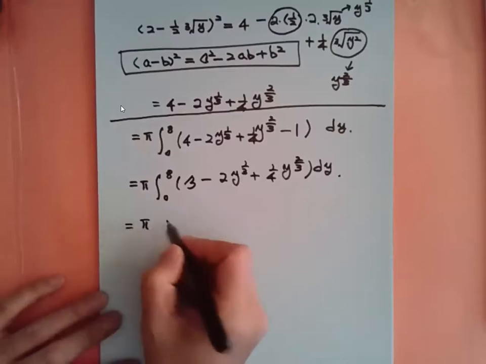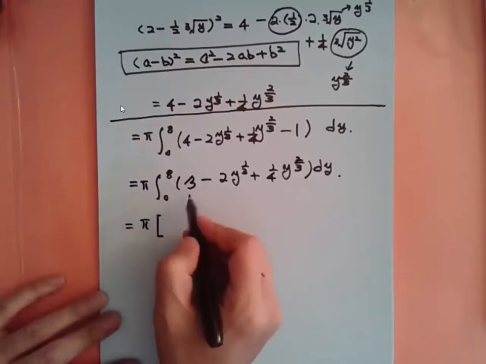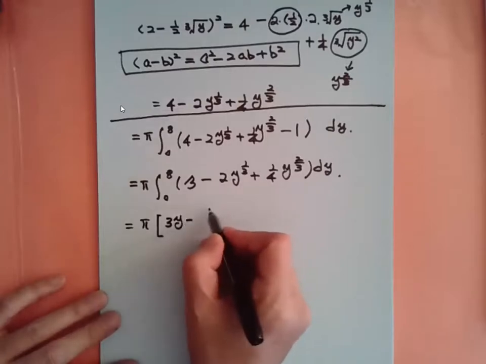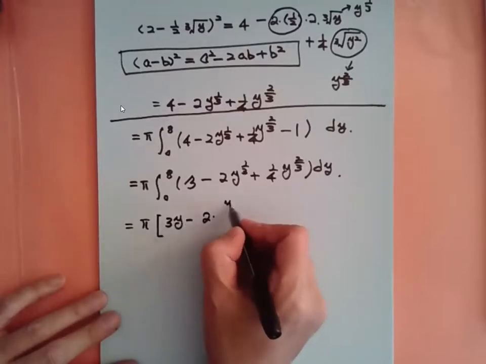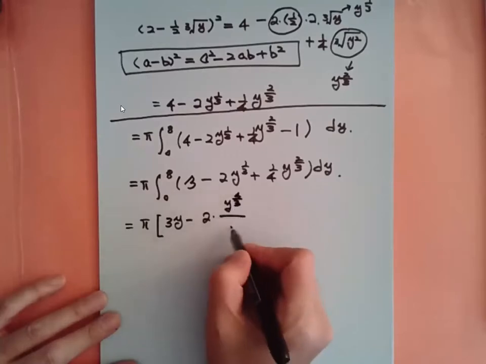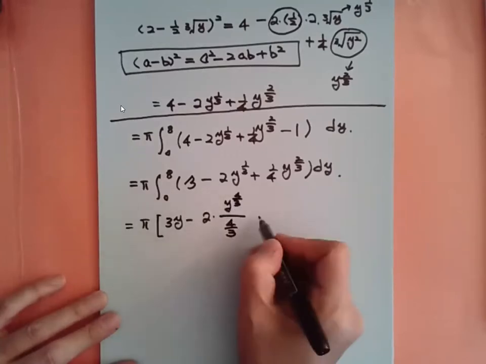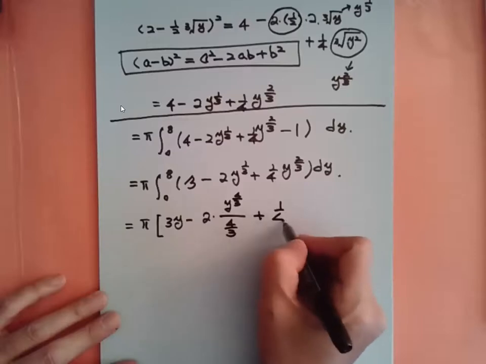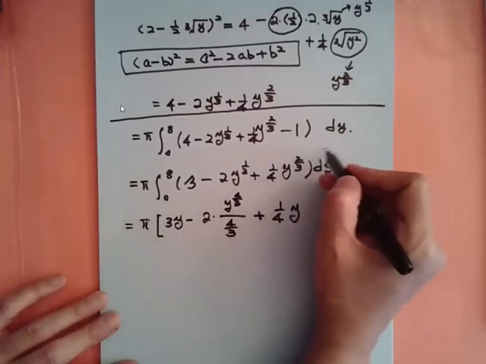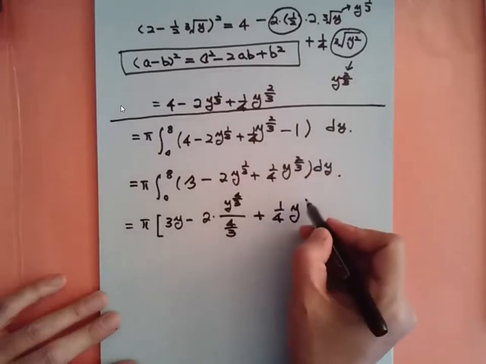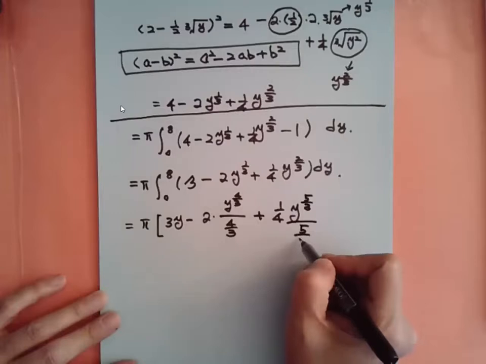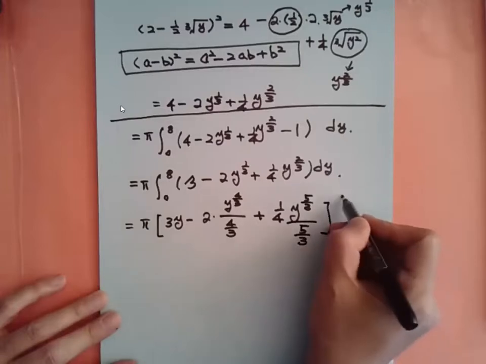And then pi times the integral according to y: 3y minus 2 times, raising the power by 1, so 4/3 over 4/3, plus 1 over 4 y to the, we add 1 here, so that is 5 over 3, divided by the same power, 5 over 3, from 0 to 8.